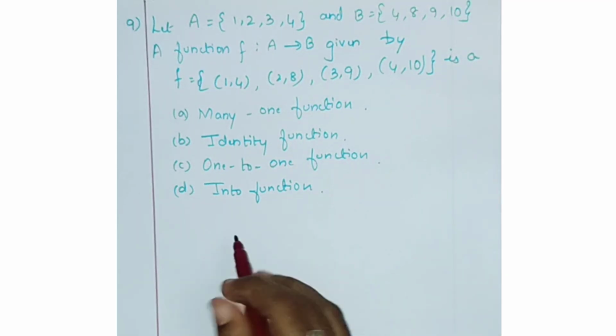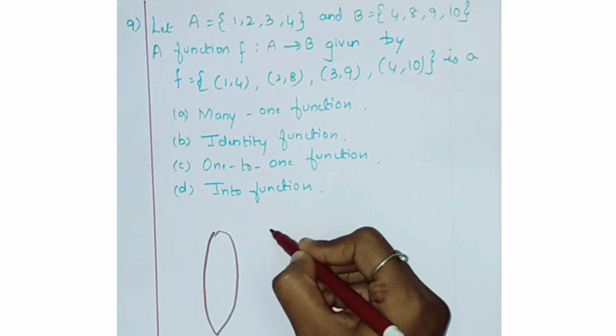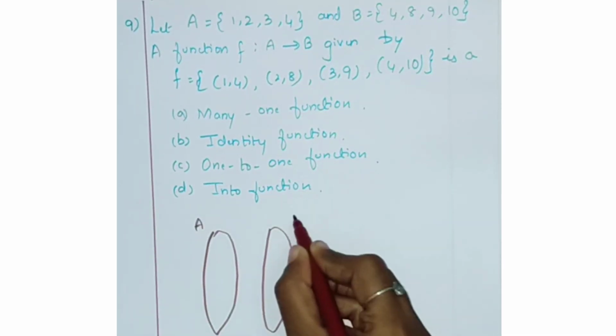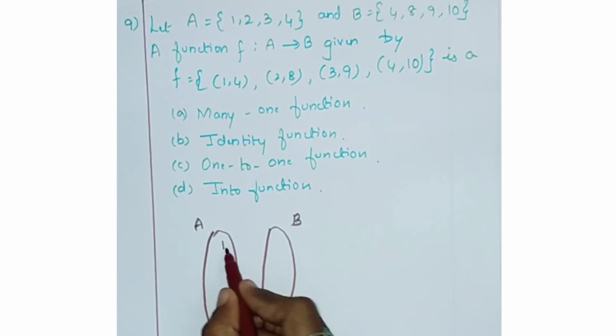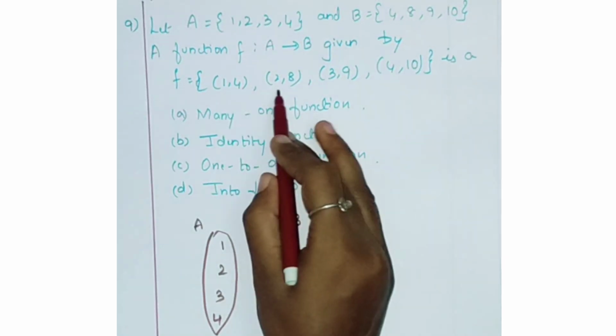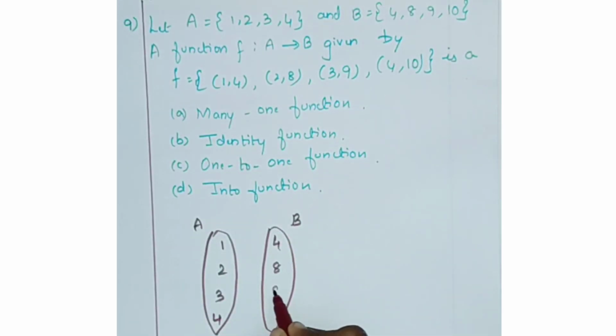Okay, so now we'll draw an arrow diagram. Let's say this is A and this is B. 1, 2, 3, 4 are all the x elements we have written. Then B is 4, 8, 9 and 10.